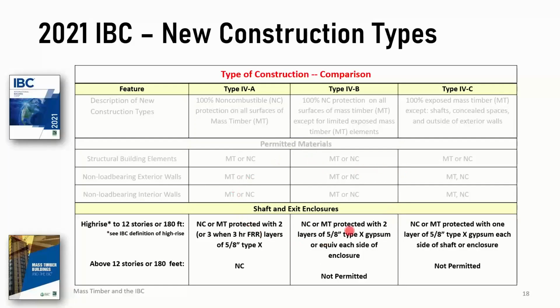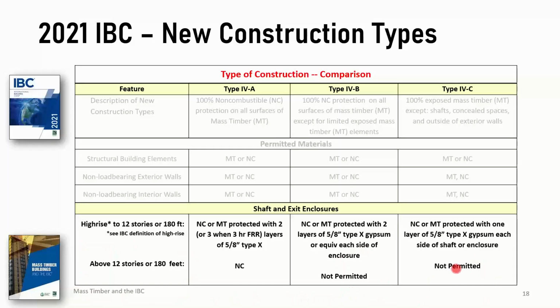And then on the topic of shaft and exit enclosures, typically the focus here is a key life safety feature for the performance of the whole building. So in Type 4A, Type 4A is the only one of these three construction types that can go above 12 stories and 180 feet for any occupancy. So over here you have not permitted, not permitted.